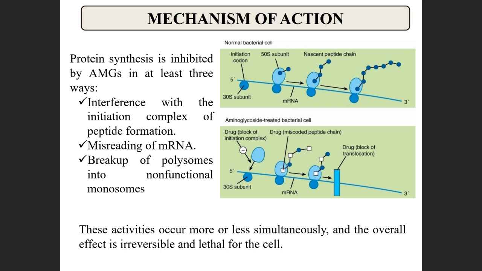So here, if we see carefully these diagrams, it shows the initial codon, the 30S ribosome, and the 50S subunit, and the nucleotide chain, where the mRNA is transferring the polypeptide chain. But in the case of treatment with aminoglycoside, when the aminoglycoside enters, it stops the formation and it is causing the miscoding of the peptide chain, where you can see these square boxes, and that blocks the translocation.